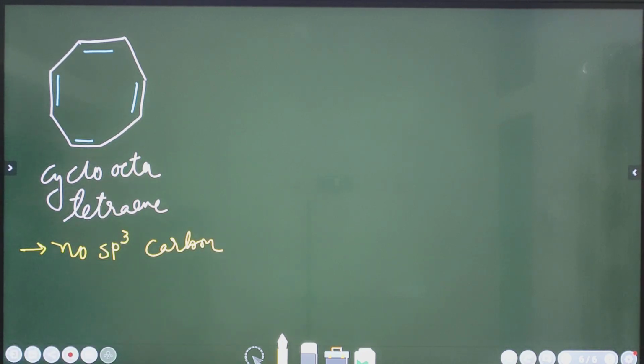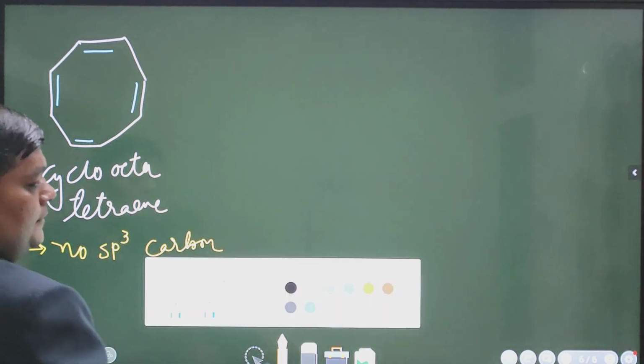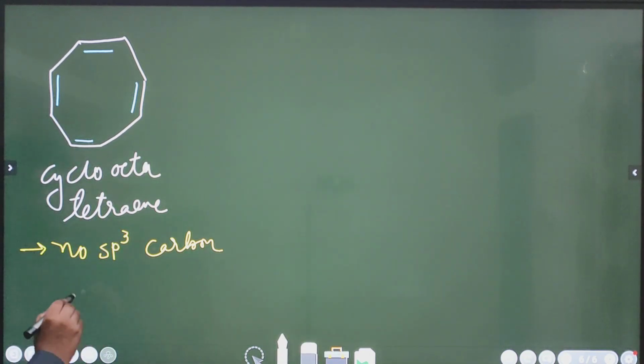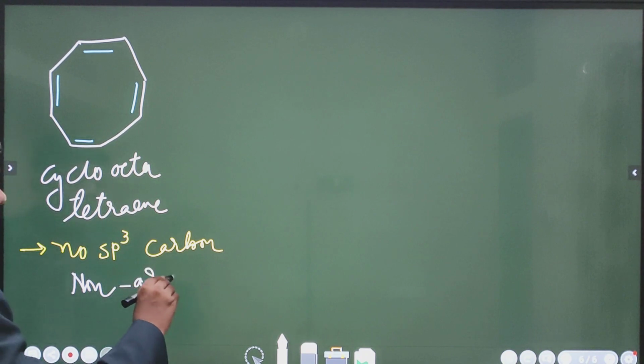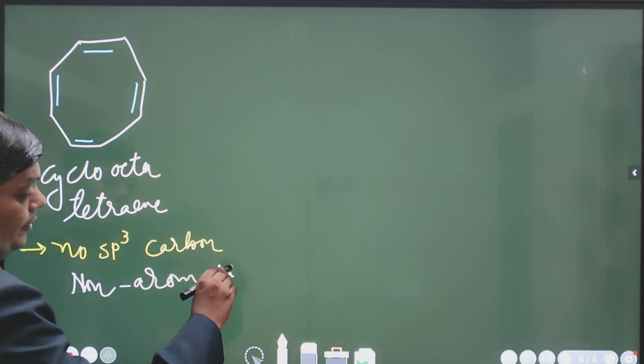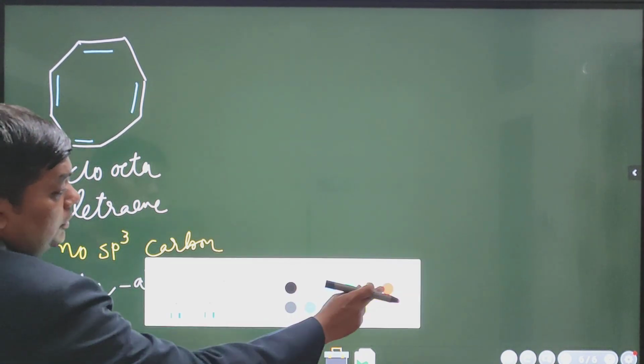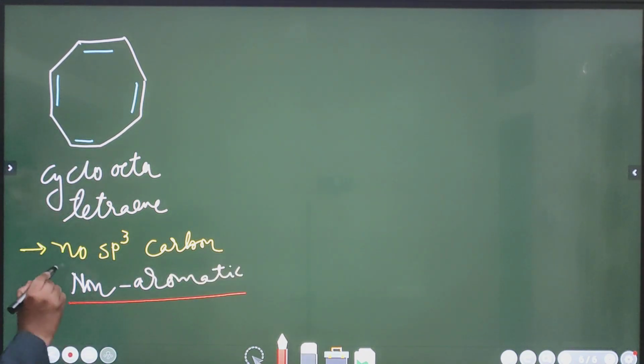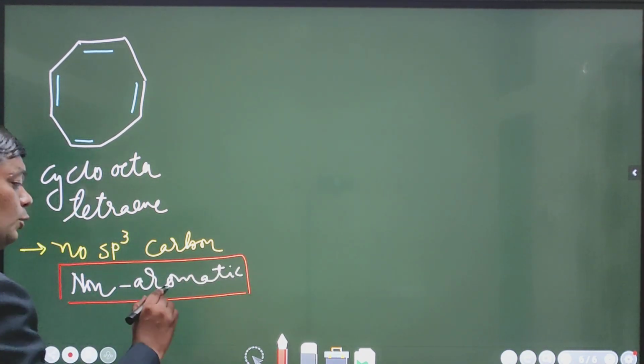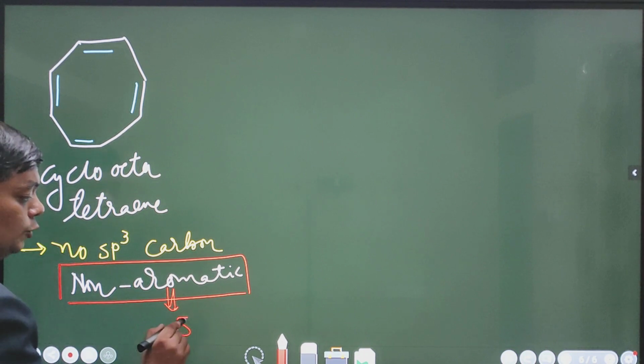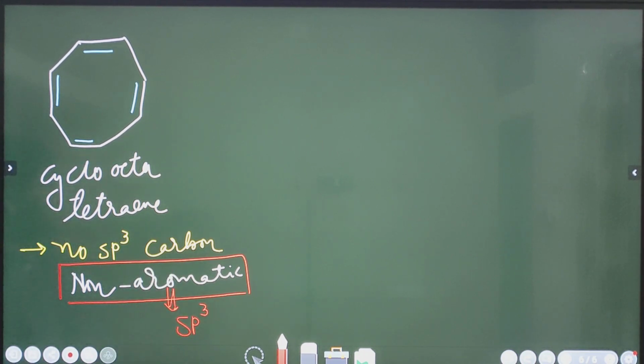And whenever we see no sp3 carbon, the first thing that comes to mind is that it won't be non-aromatic. It will never be non-aromatic because sir has taught us that to be non-aromatic there should be a minimum of one sp3 carbon, and it does not have a single sp3 carbon.